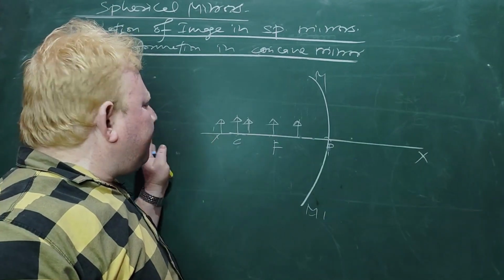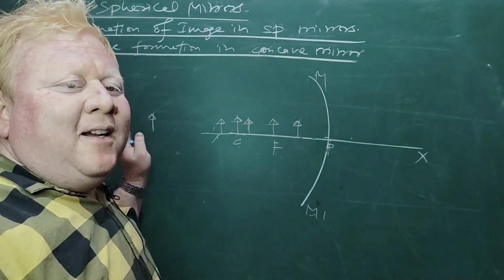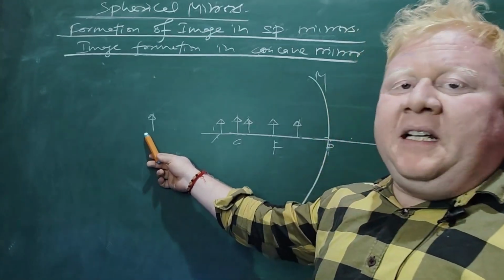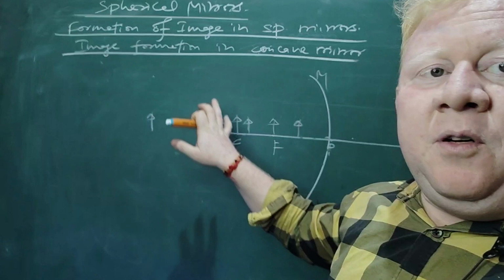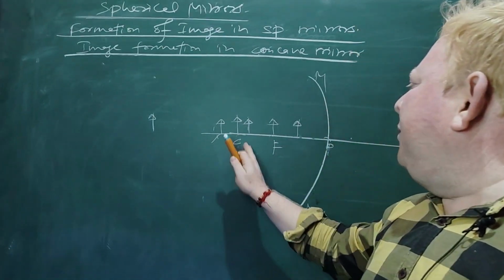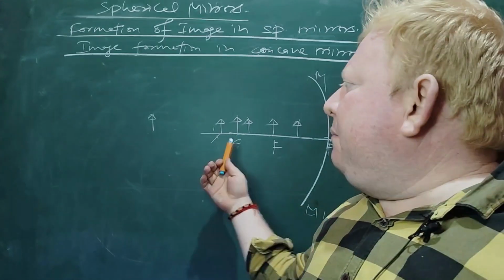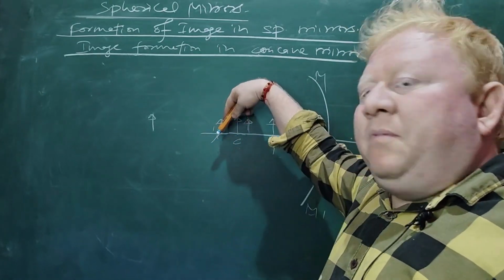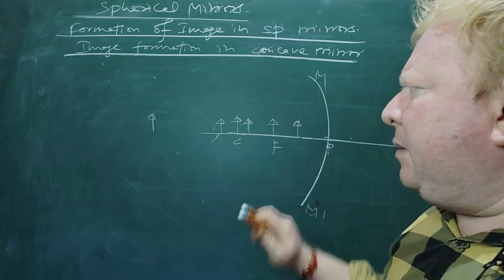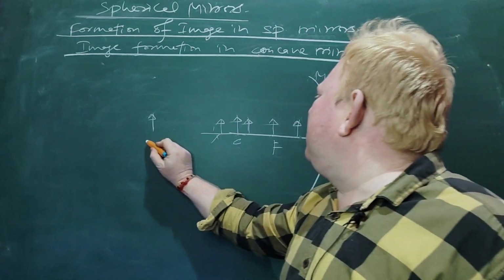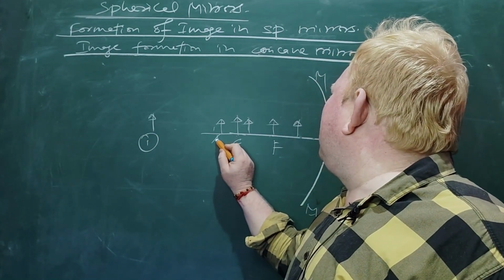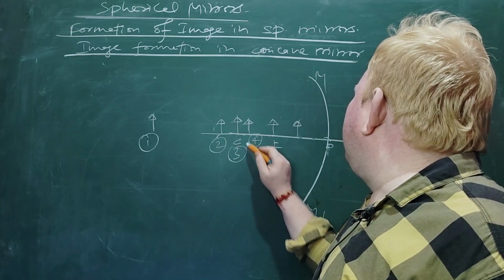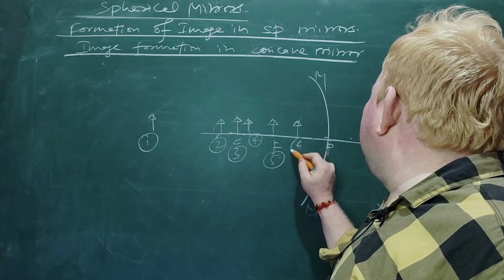Beyond, we can call it infinity. So when the object is placed at infinity, what is the nature of image formed? When the object is placed beyond the center of curvature, somewhere between the center of curvature and infinity on the principal axis, what is the nature of image formed? This is position number 1, this is position number 2, this is position number 3, this is position number 4, this is position number 5, and this is position number 6.